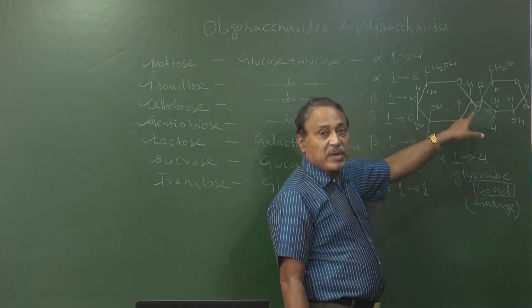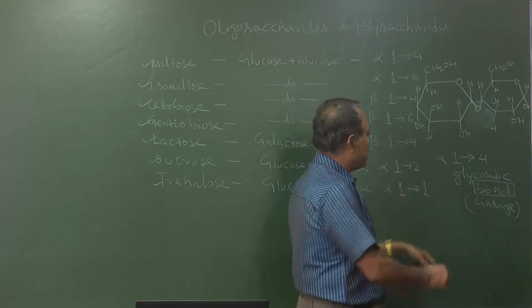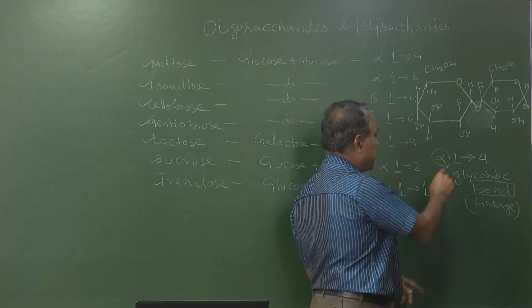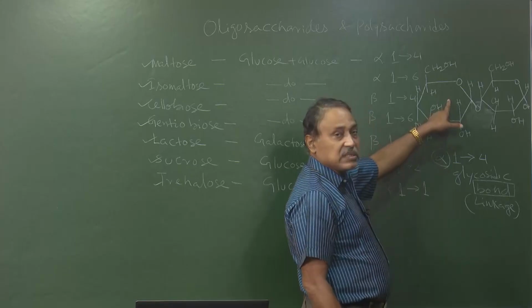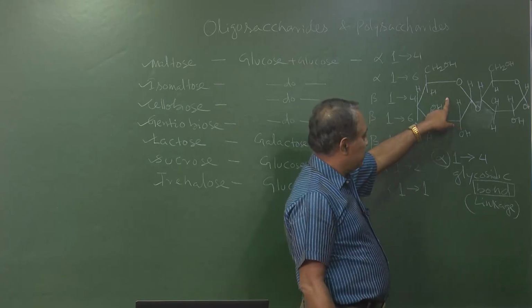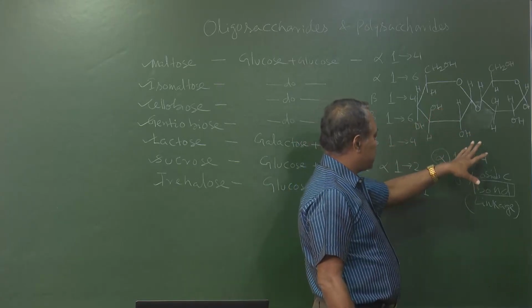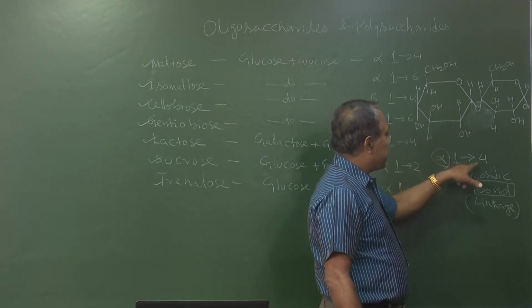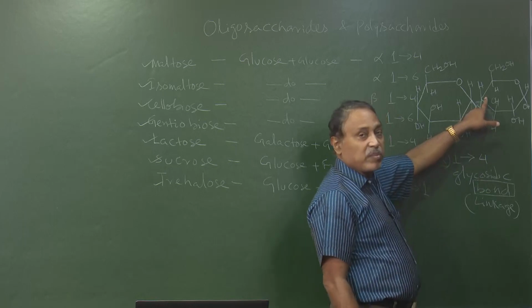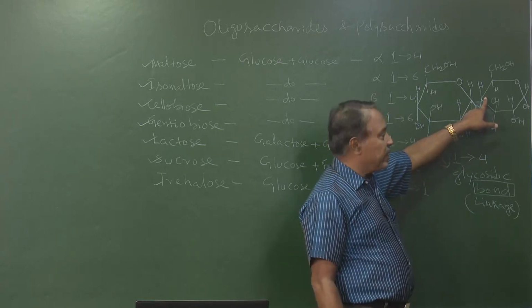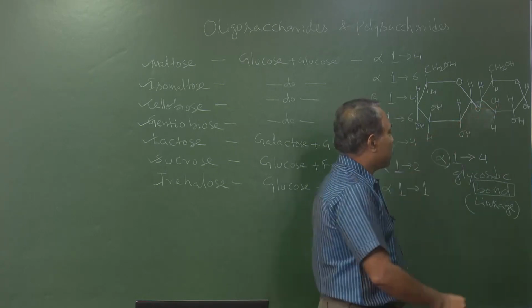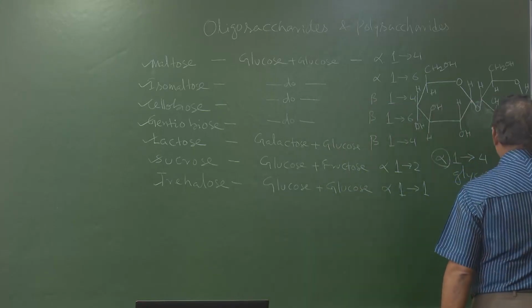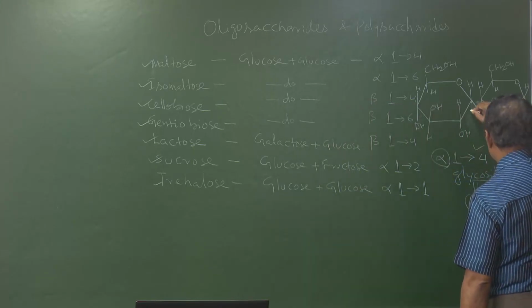If it is in alpha configuration, then we put alpha here. So this alpha indicates this first one is in the alpha form. Its first carbon atom is being used and it links to the fourth carbon atom of the second one. So as a result, we have this alpha 1,4 glycosidic bond.